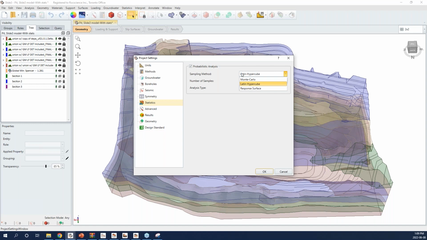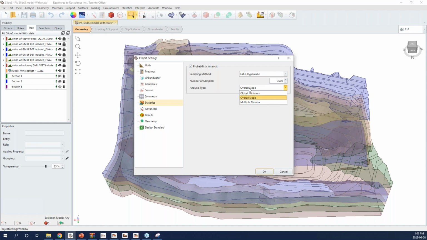Basically, Monte Carlo and Latin hypercube are very similar, except the way that they sample at different regions of the distribution curve is a little bit different. Latin hypercube is the one that we recommend because it requires fewer simulations. Response surface, Brigid is going to talk about extensively, so I'm not going to talk about it here.